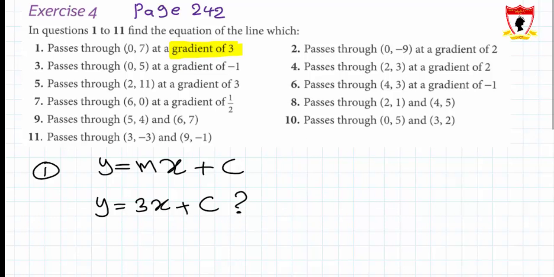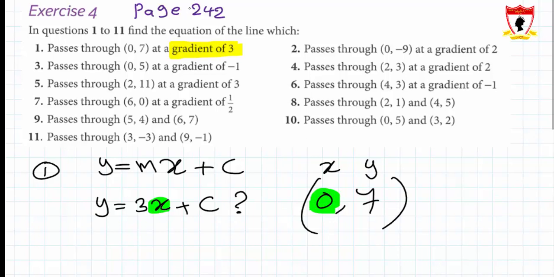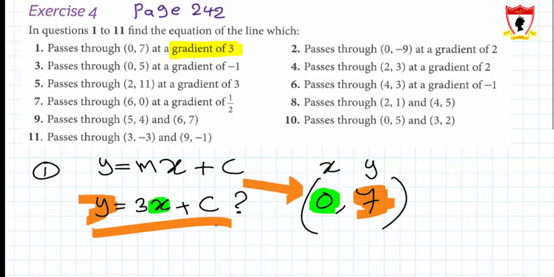What we know, the line passes through (0, 7). In this point, the first number stands for x, the second number stands for y. If we put 0 in place of x and 7 in place of y, we can get the value of c, because the line of this equation passes through this point as it's given in the question.